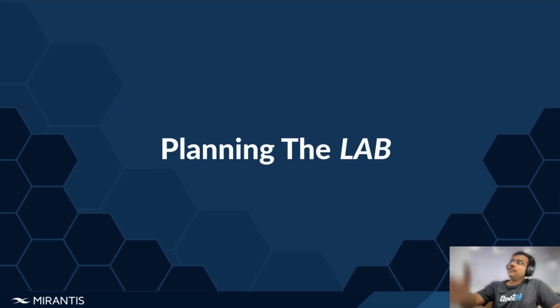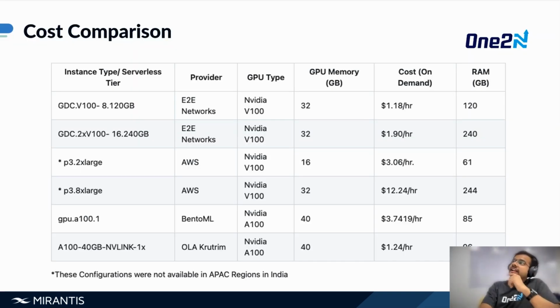So we tried to go with AWS, and AWS refused to grant us capability to provision GPU instances on demand because our spend was not meeting their minimum budget criteria. So we had to explore a bunch of local providers such as E2E Networks. We explored even BentoML, which provides you serverless GPUs which are billed per second for a particular number of cycles.